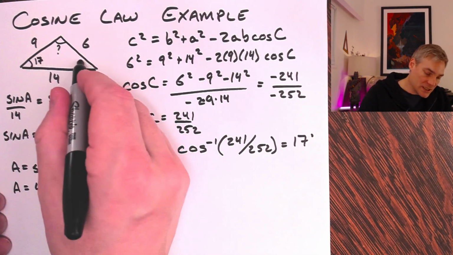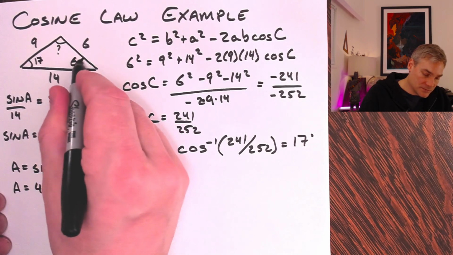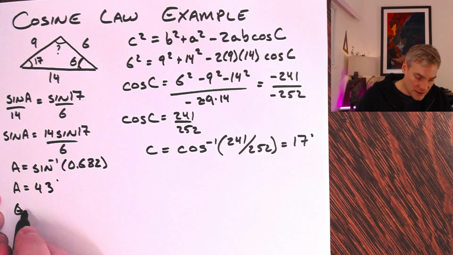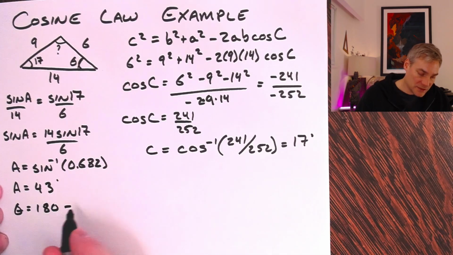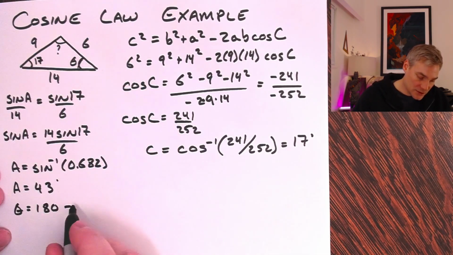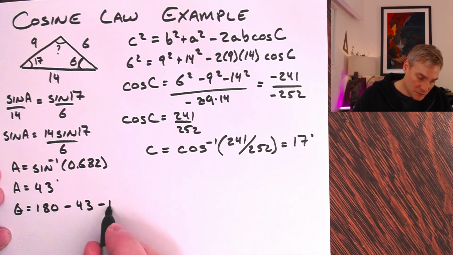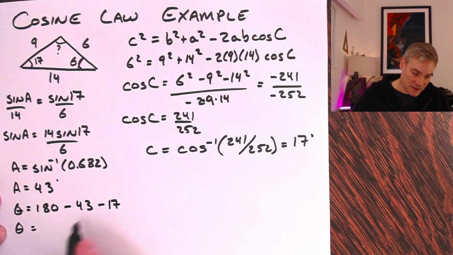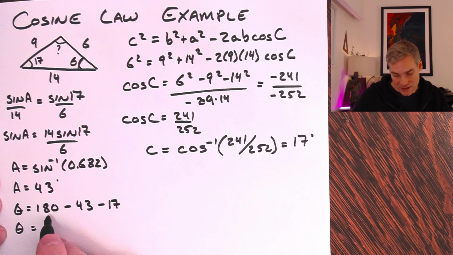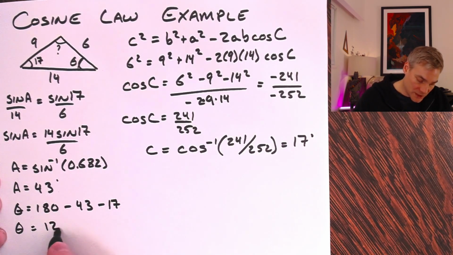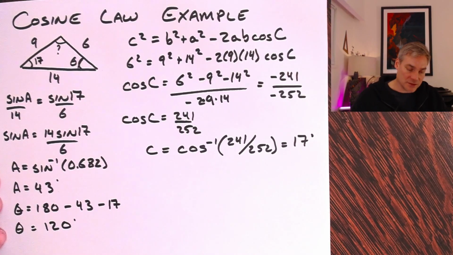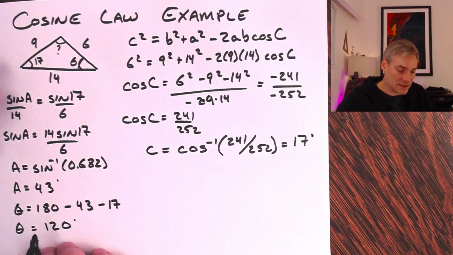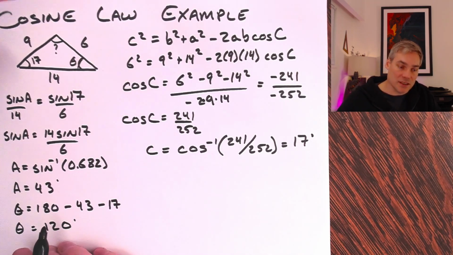But if we want to find this one, which we'll just call theta, theta equals 180 degrees minus the other two angles, which is minus 43 and minus 17. So this tells me theta, my last unknown angle, is 137 subtracted from 180, and so it's 120 degrees. So now we've solved for this triangle completely, all sides, all angles, and we had to use the cosine law.